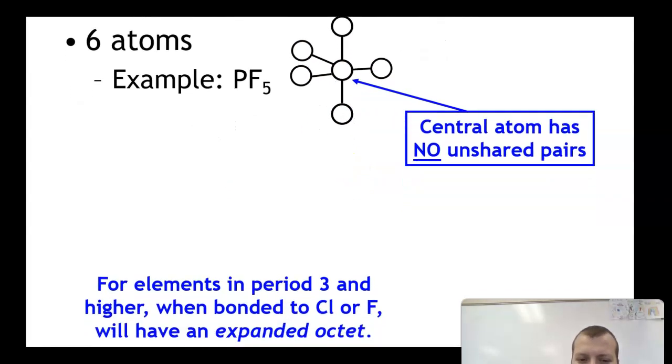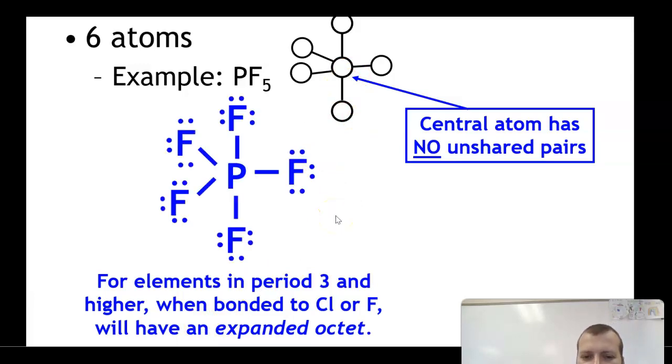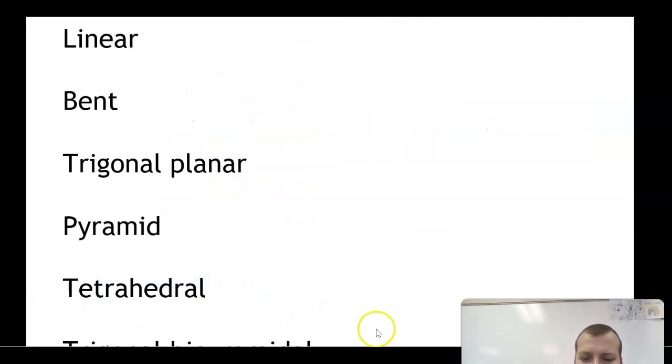Only in these circumstances, if you look down at the bottom left, for elements in period 3 and higher, when bonded to fluorine or chlorine. So here's an example of what it might look like. Looks kind of crazy, but it is possible. And that was the last one.